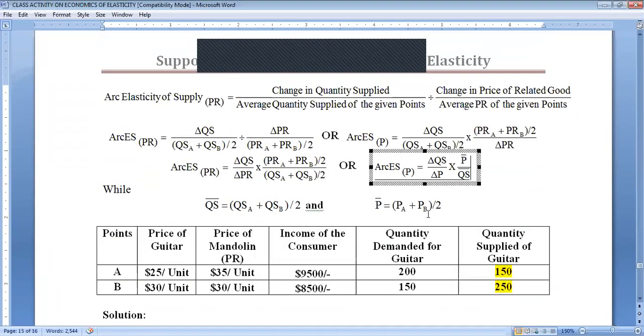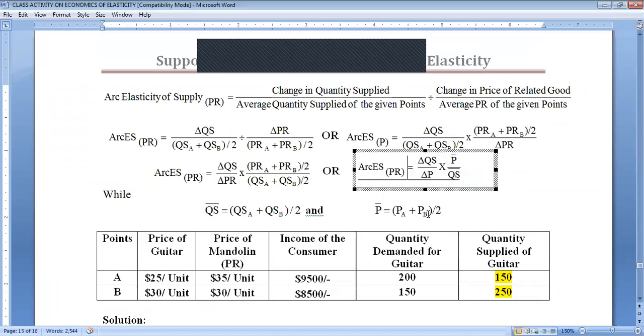Or delta QS over delta PR multiplied by PR bar divided by QS bar.